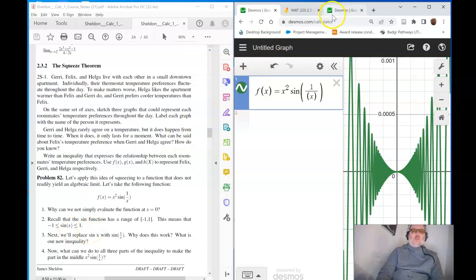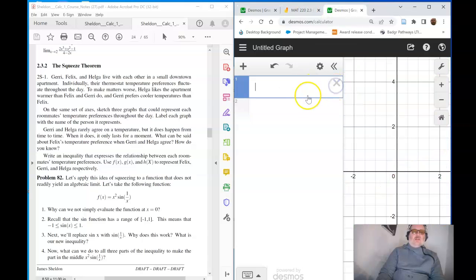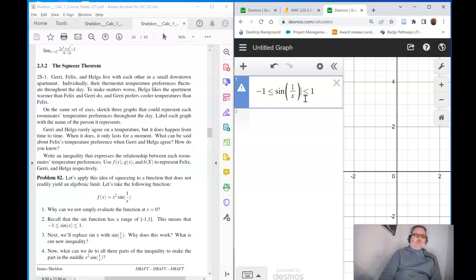And so now working through this, what we can say is if -1 is less than or equal to sine x is less than or equal to 1, then we know that no matter what is being put into sine, it will always be between -1 and 1 as the output. So we can say -1 is less than or equal to sine 1 over x is less than or equal to 1.